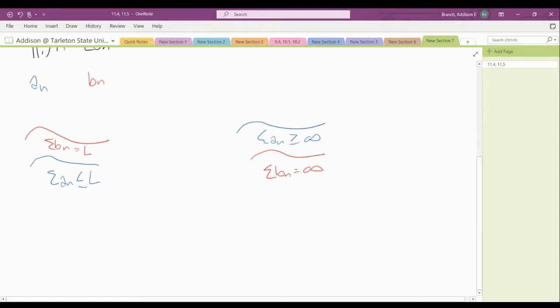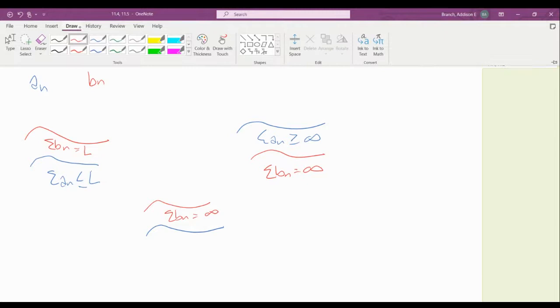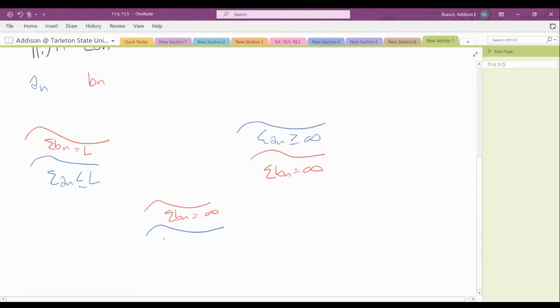But let's say we have a situation where A is our smaller series, and B is our bigger one, and we know that B is equal to infinity. Well, that actually doesn't tell us anything about A. A could be a constant, or A could just be a smaller infinity.